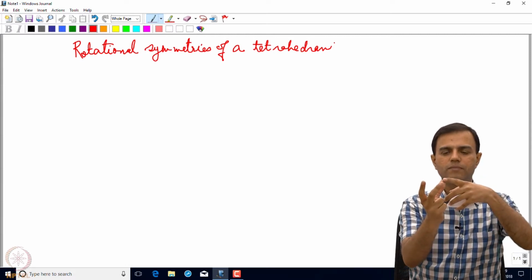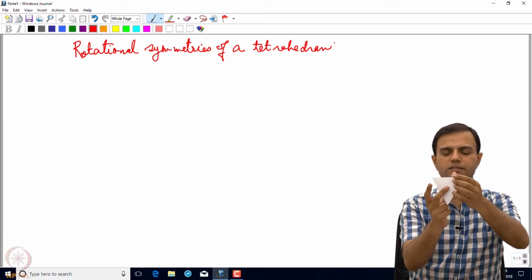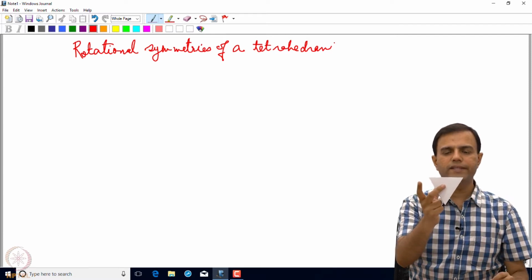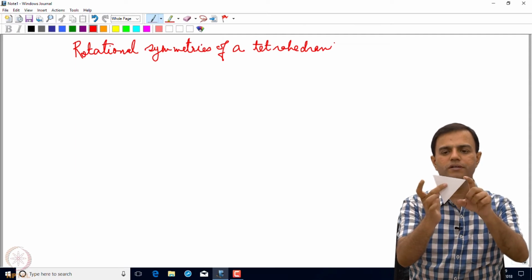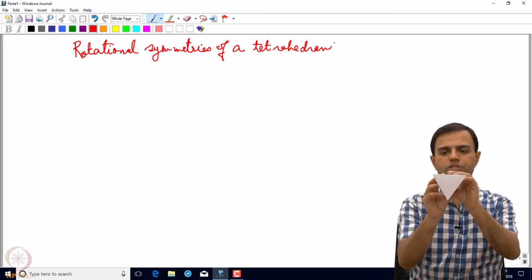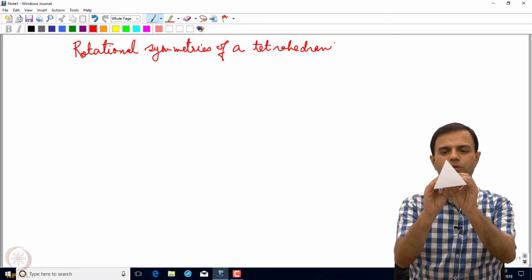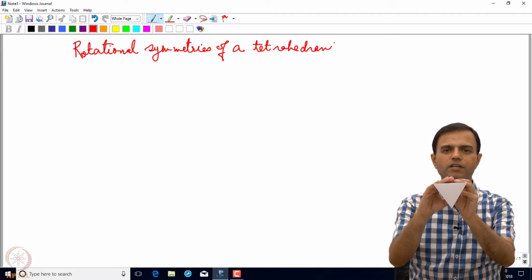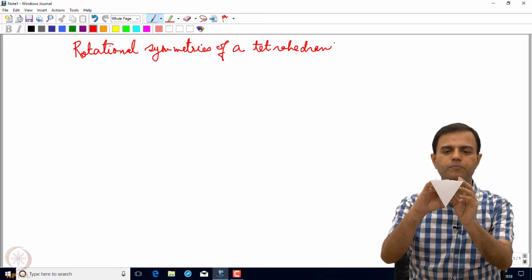This thumb and this finger are forming an axis. And then there are 2 options to rotate about this axis. I can rotate by 120 degrees, and I can rotate by a further 120 degrees, which is 240 degrees. So this kind of rotations I can do.